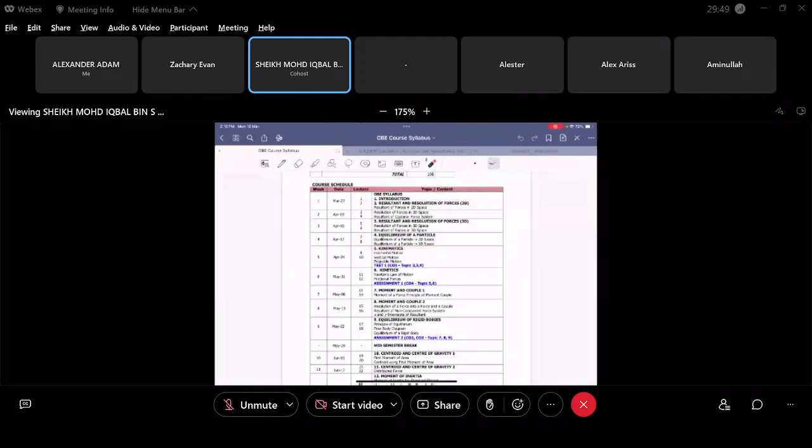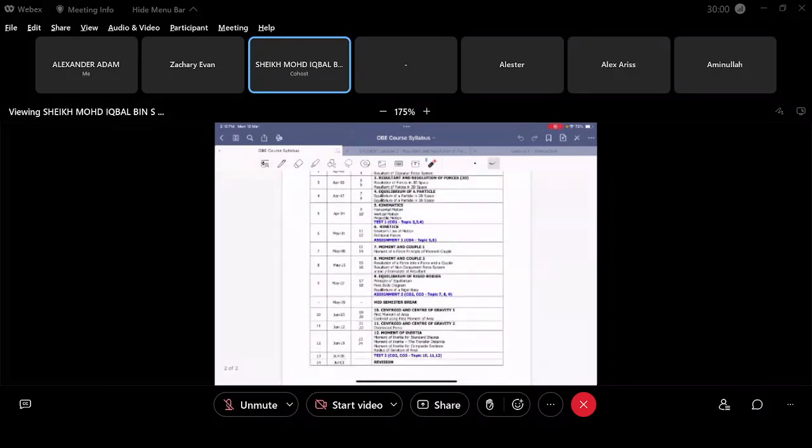And then on week 6, we will have our assignment 1, which will cover topic 5 and topic 6. And then so on. For assignment 2, topic 7, 8, 9, this one. And then lastly, test 2 will cover topic 10, topic 11, and topic 12, which is this one.